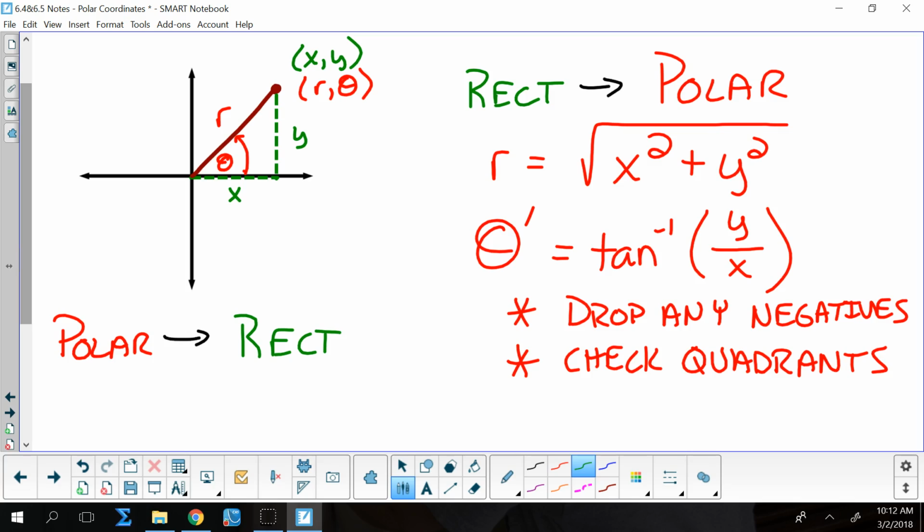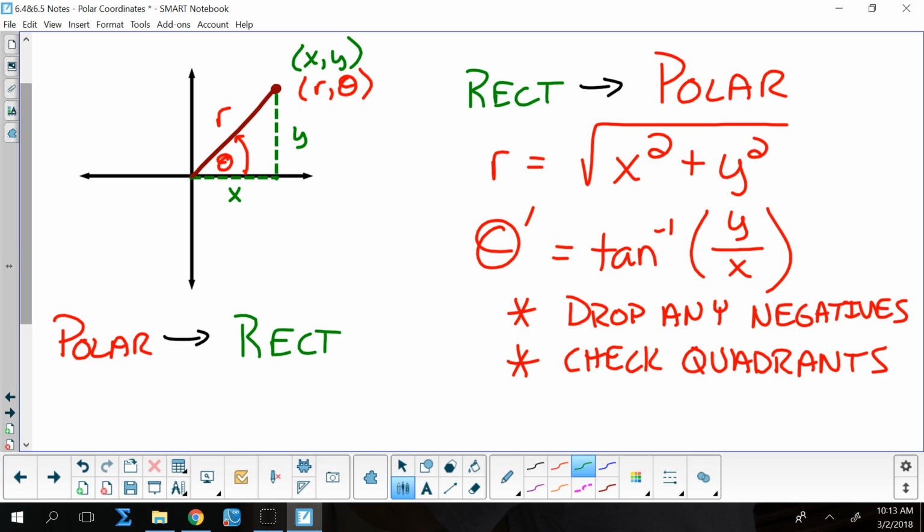Think about the triangle again. Use sine, cosine. Which one which? Cosine. Sine. And that would work if I was always at a distance of 1 from my pole, right? Because that's unit circle stuff. X is cosine of theta, y is sine of theta.